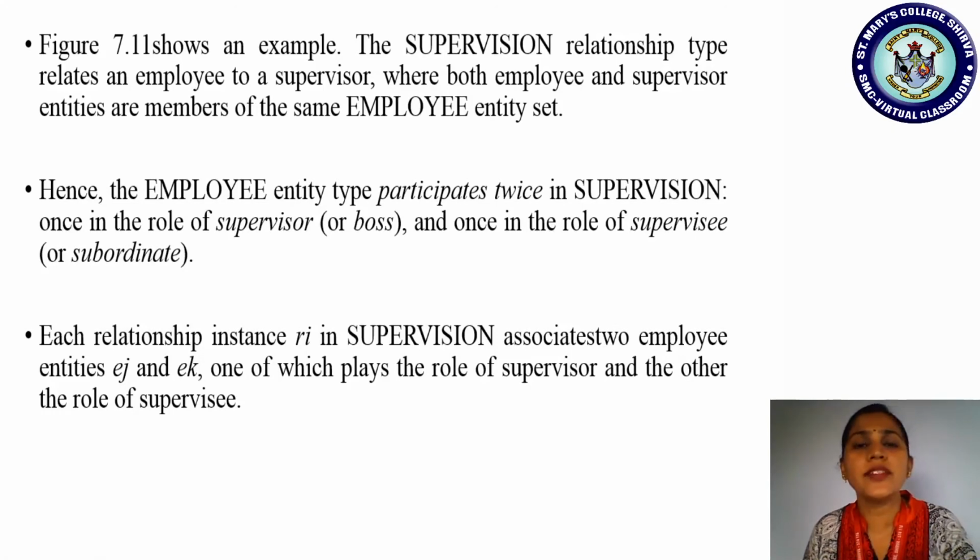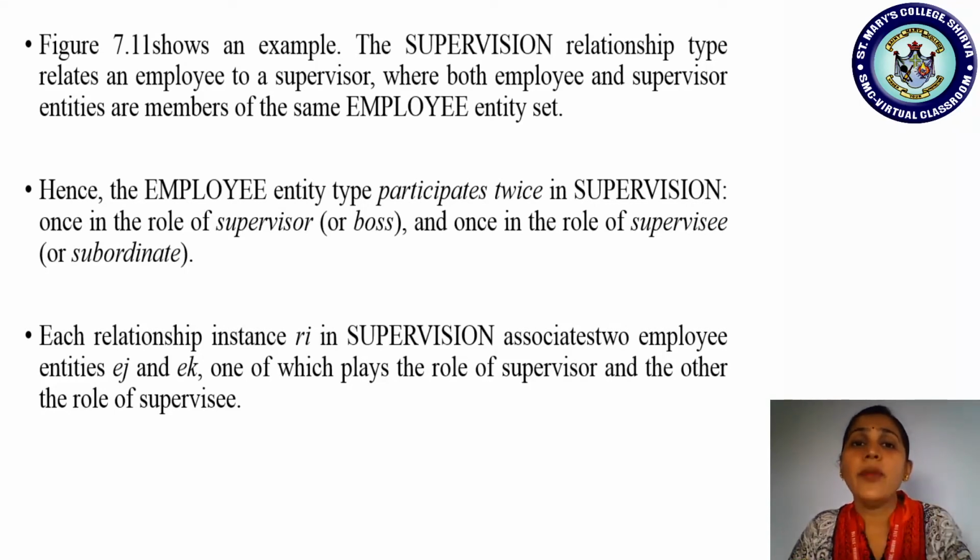In companies, industries or factories, there will be a supervisor who monitors the workers. The workers are employees, and the supervisor is also an employee of that company. So supervision is a relationship where the supervisor supervises the workers or employees. Supervisor is also an employee, and workers are also employees.